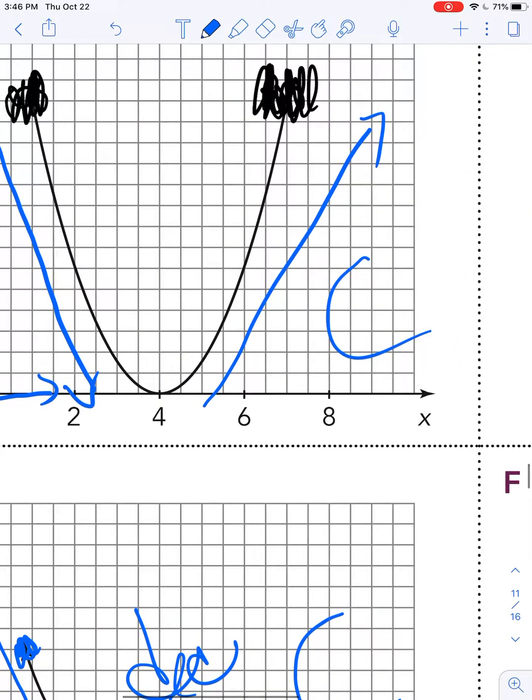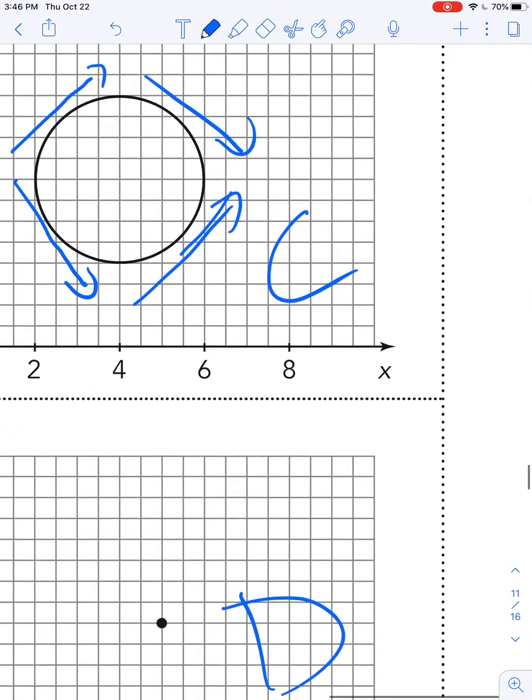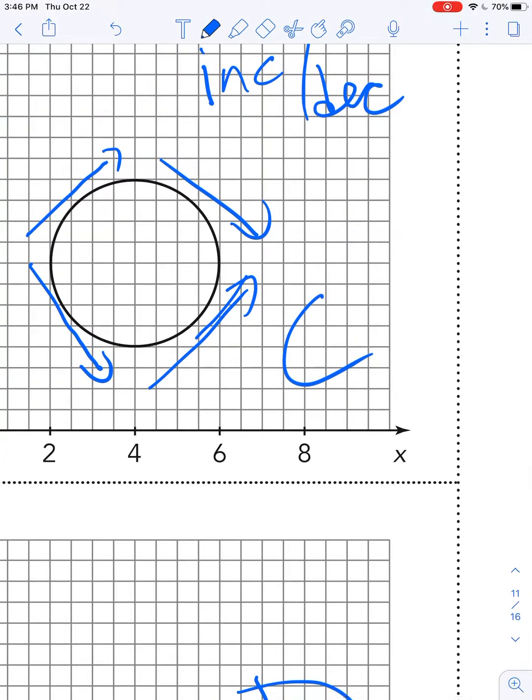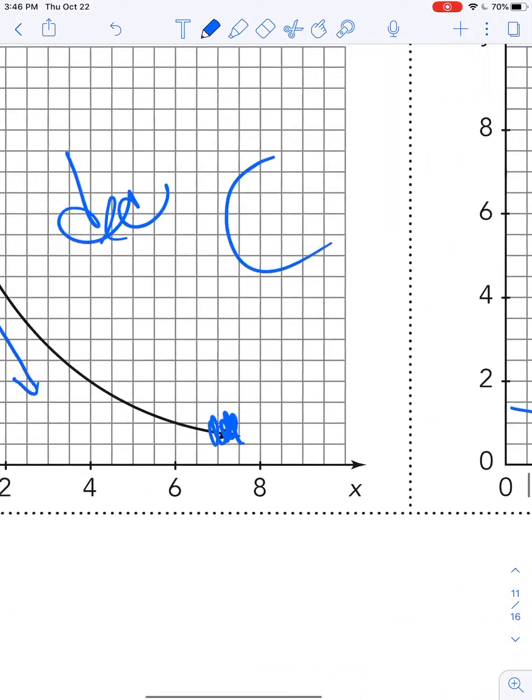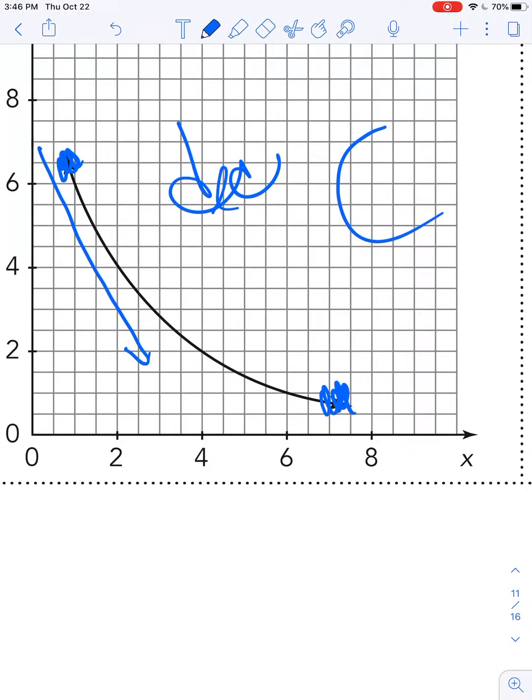This one, that does not make a line. That makes a parabola, so this is nonlinear. This one definitely doesn't make a line, so this is again nonlinear. This one also doesn't make a line, so this would be nonlinear.